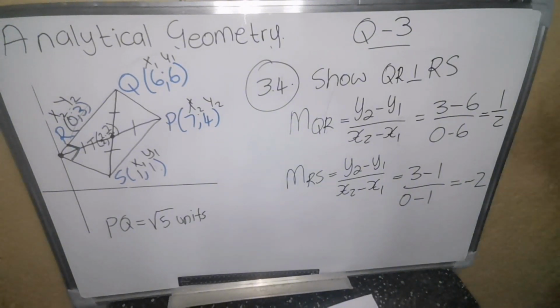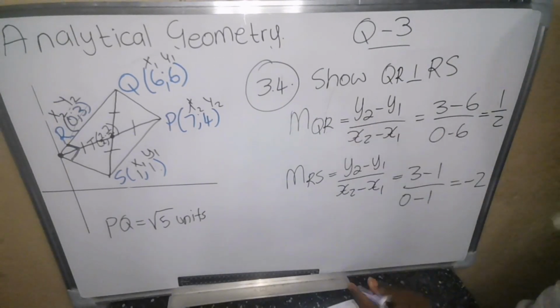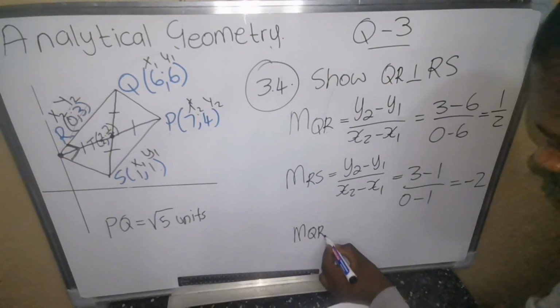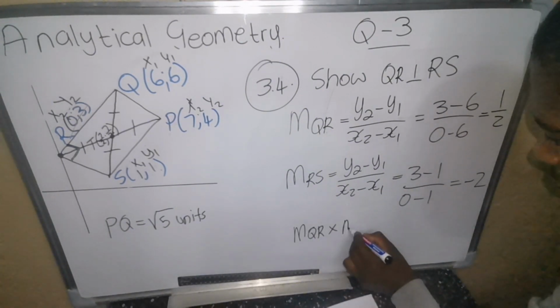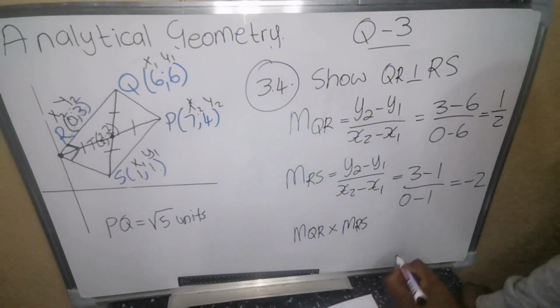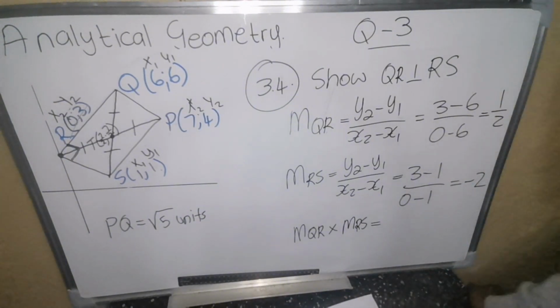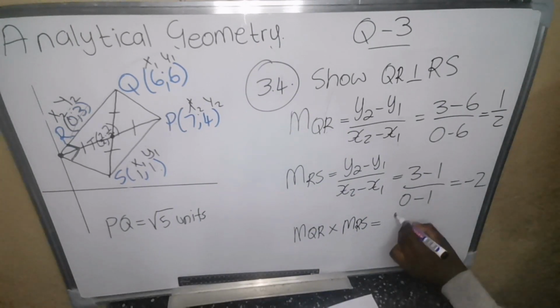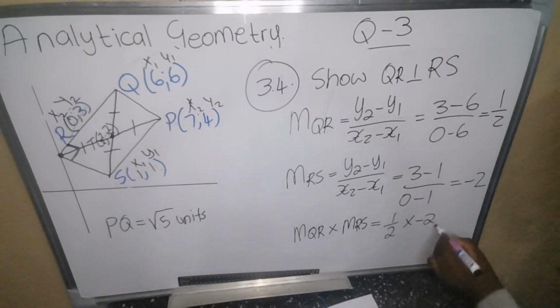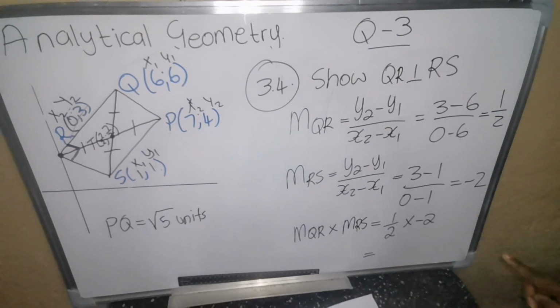After I found the two gradients, I need to multiply them, and the answer should be -1. So the gradient QR multiplied by the gradient RS should equal -1. I multiply one half by -2, and they must give me -1.